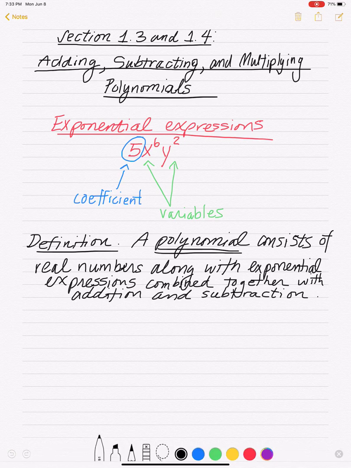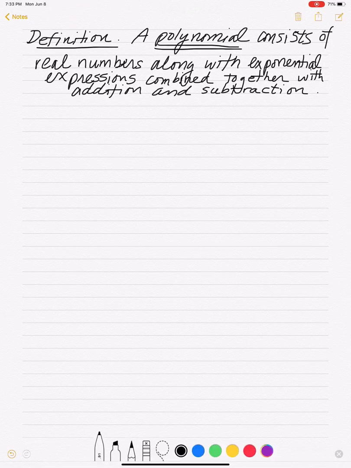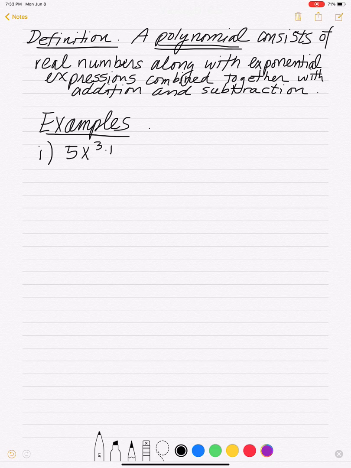Now let's look at some examples of polynomials here. Let's see if I can get this to scroll. There we go. Examples. Number 1: 5x cubed plus 2x squared minus 9x plus 10.